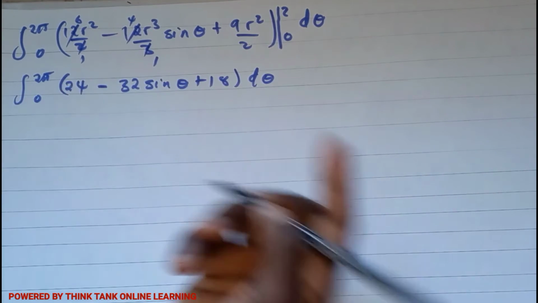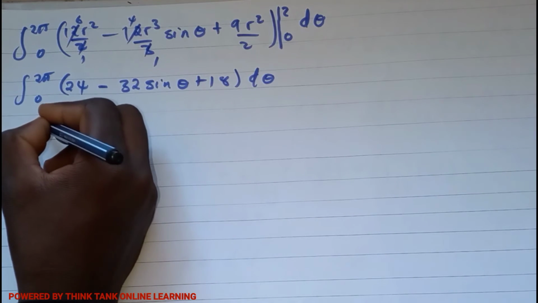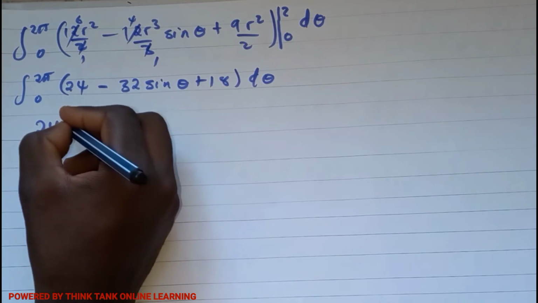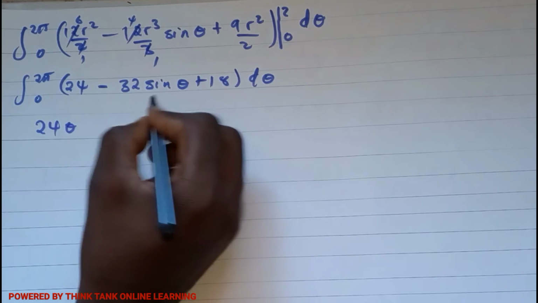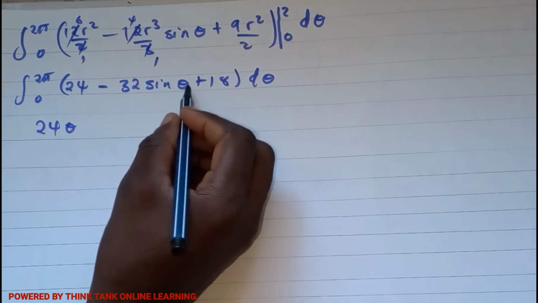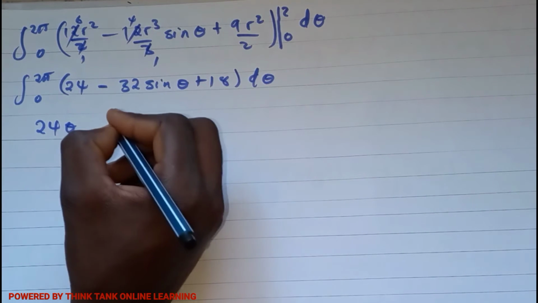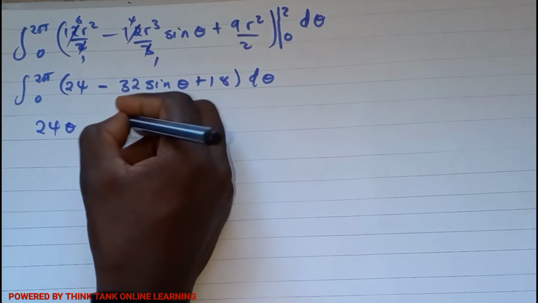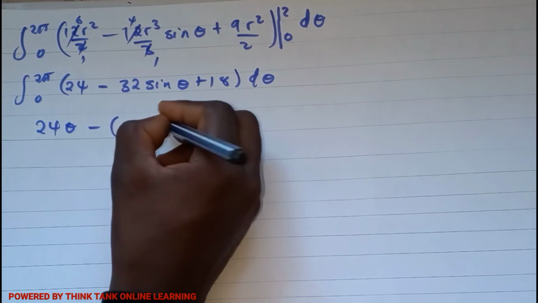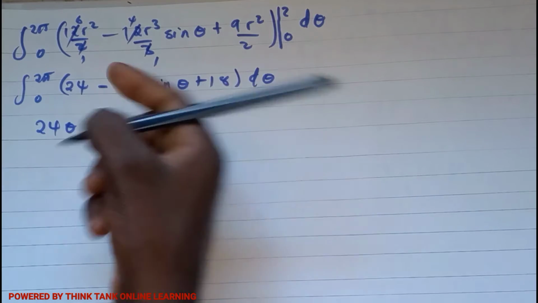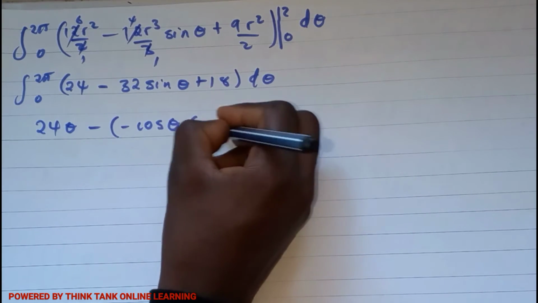So if we integrate with respect to theta, we're going to get 42 theta. If we integrate sine theta, we're going to get negative cos theta, and I'm going to multiply this by 32.